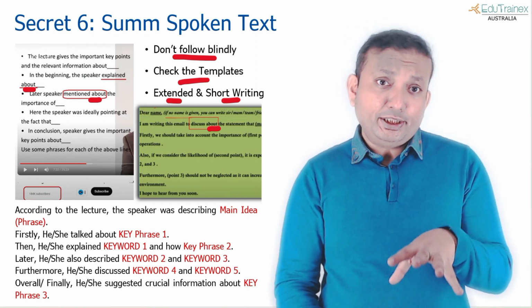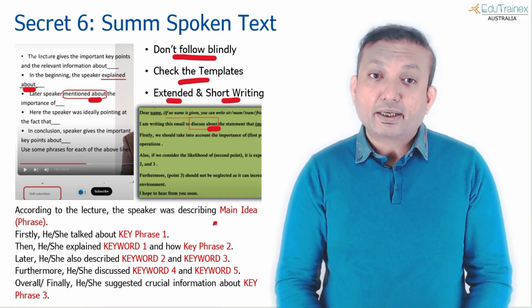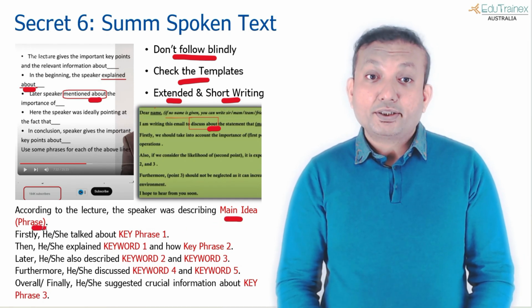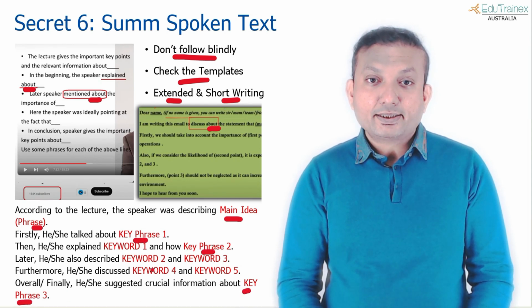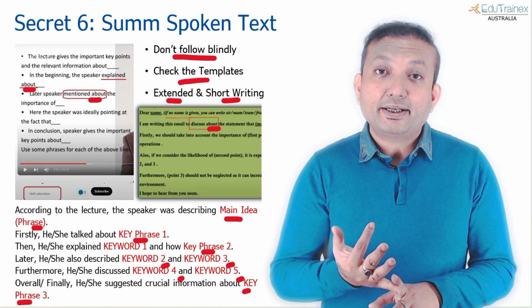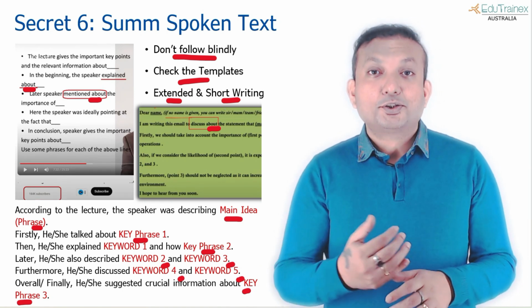So the template that we offer for summarize spoken text, you can see on the first occasion there is a phrase, there is another phrase, third phrase and fourth phrase. In the remaining places I am just asking you to put keywords. So this is a combination of extended writing and short writing.